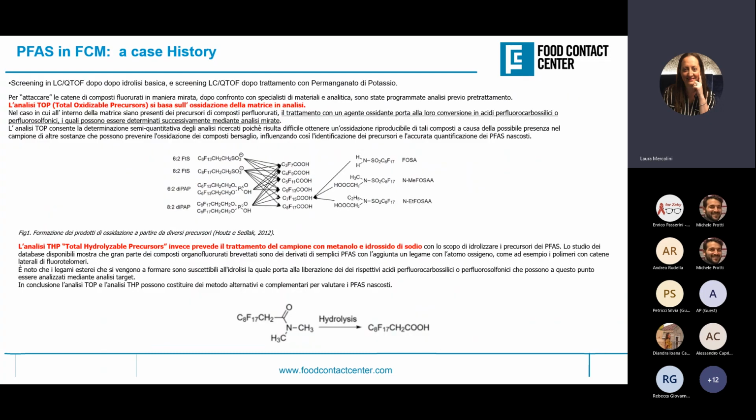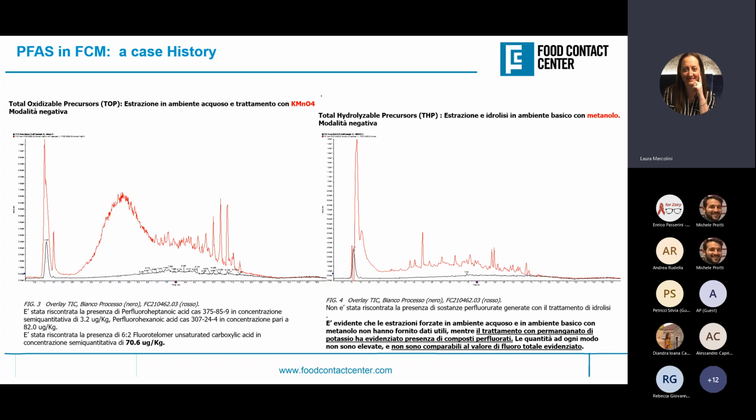And what we did was to perform the TOP testing and also the treatment with methanol and sodium hydroxide. I just decided to take the technical report and put it into the slide. We can see here the chromatograms.